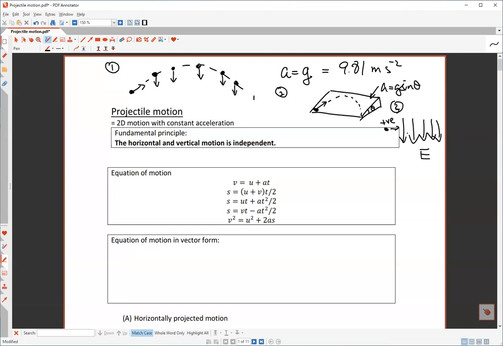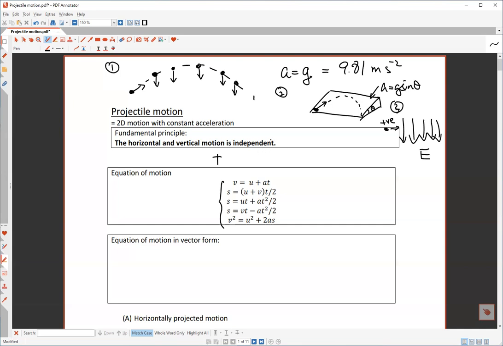There's one past paper regarding this kind of question. Although it's 2D, actually there's nothing new that you need to learn. We are just using those equations of motion we've learned in 1D motion, but we'll apply the fundamental principle in projectile motion: the horizontal and vertical motions are independent.